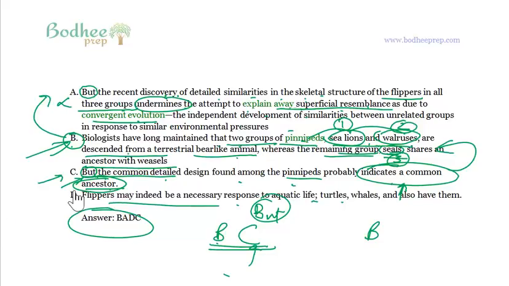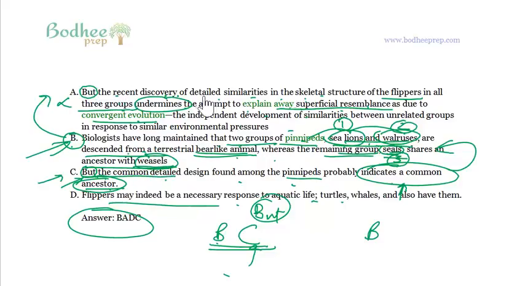So, what do we have here? Biologists have long maintained that two groups of pinnipeds, A and B, are descended from a terrestrial bear-like animal, whereas the remaining group shares. So they say that two groups have one ancestor, and the remaining group has a different ancestor, which is with weasels.